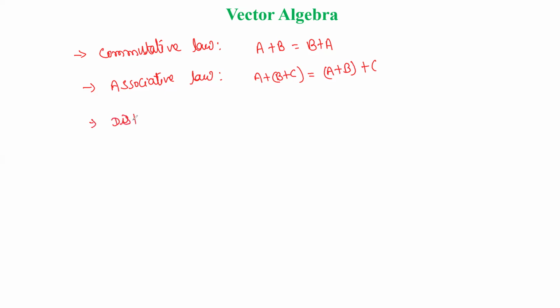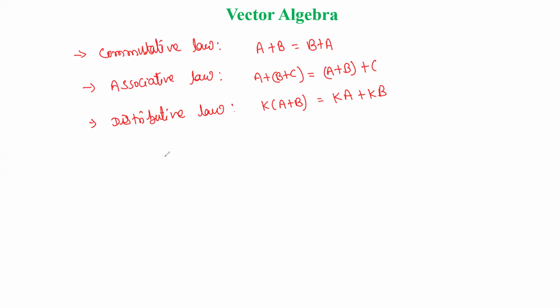Let's see how this distributive law works. If the vector A plus B is multiplied by K, we can write this as Ka plus Kb. This is called the distributive law.